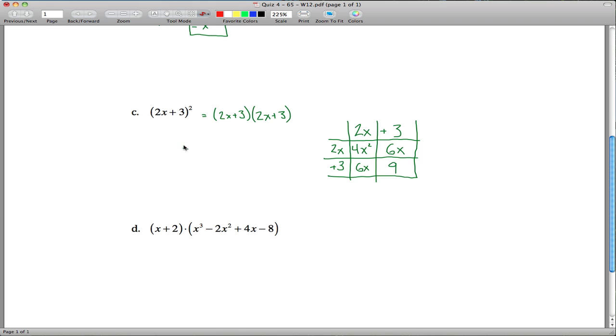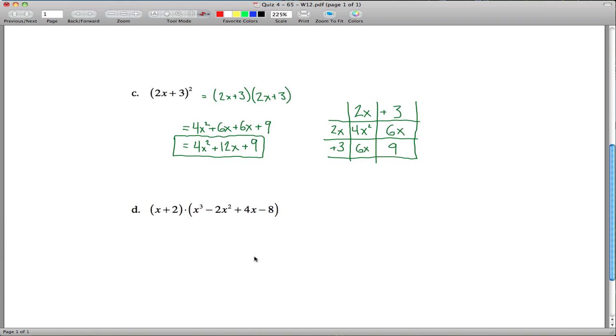So my answer is 4x squared, this guy right here, plus 6x from right here, plus another 6x, and then finally plus 9 from the bottom right. And I can simplify that. If I have 6x and 6 more x, that's really 12x. And that right there is the final answer.